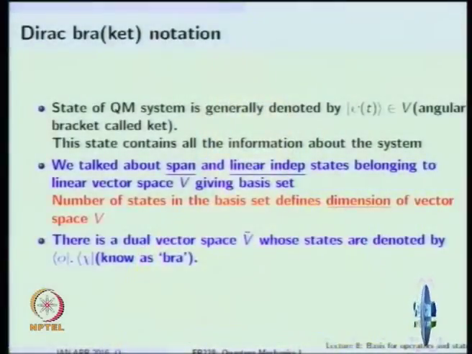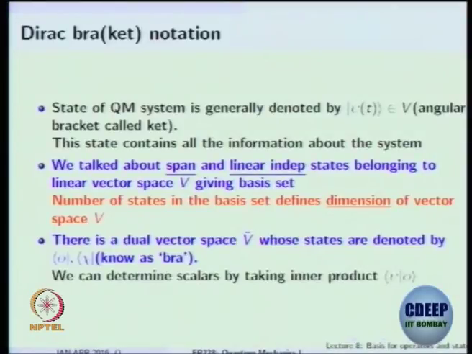As an example, we were looking at the 3-dimensional space, but you can do it in a general and abstract space. Then we talked about the dual vector space, which we denote as V tilde. The states in this V tilde are given by a different angular bracket and are called bra. So this is the Dirac bracket notation, which we are going to exclusively follow.